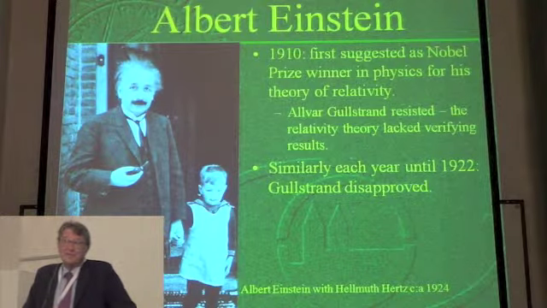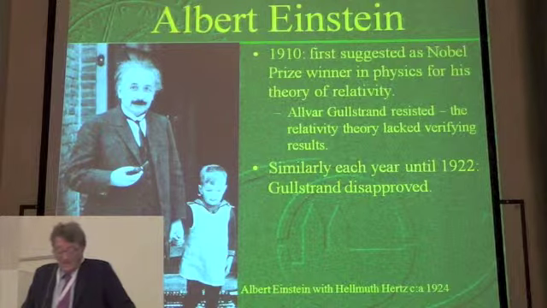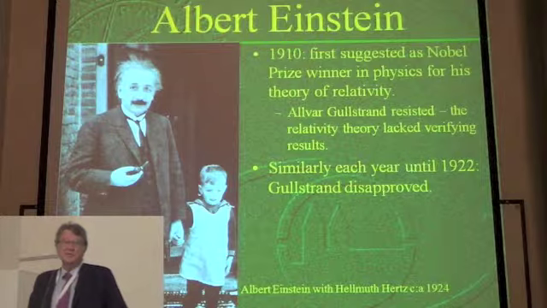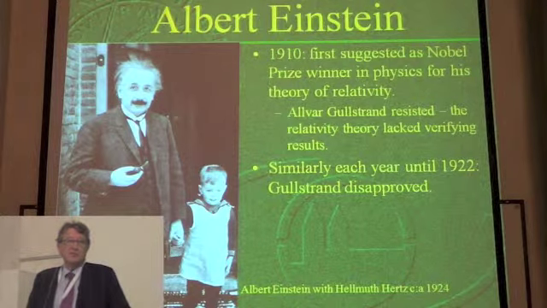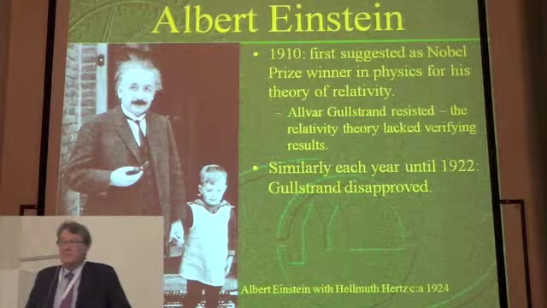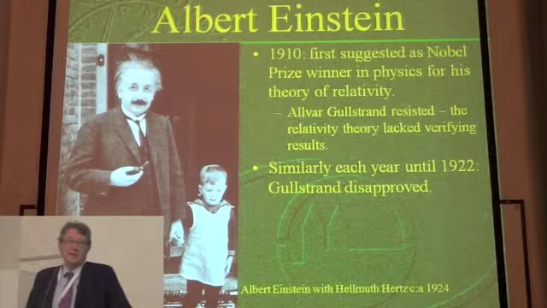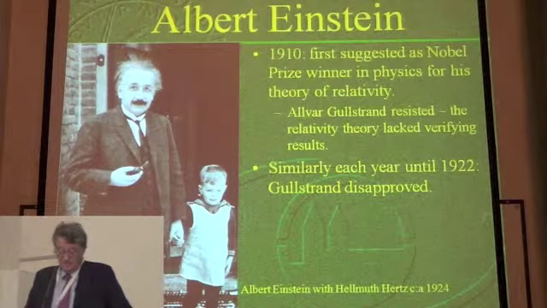You recognize the man? Well, this is Albert Einstein. And in 1904, I think it was, he began publishing his theory of relativity, which flew in the face of Gullstrand, because he spent all his life measuring things, and here came somebody with a theory that said that you can't do it with high precision.